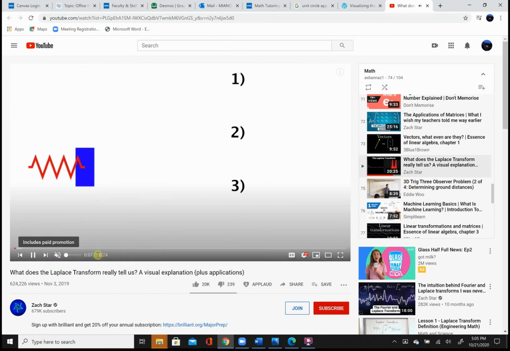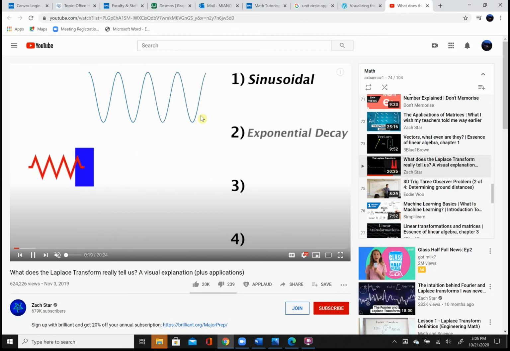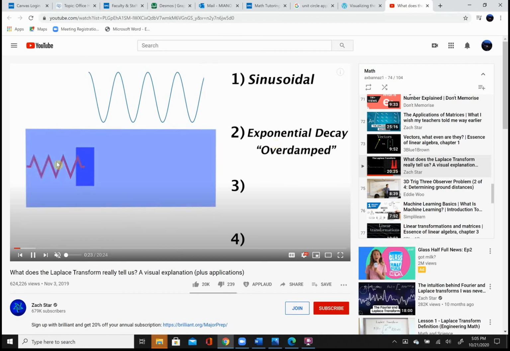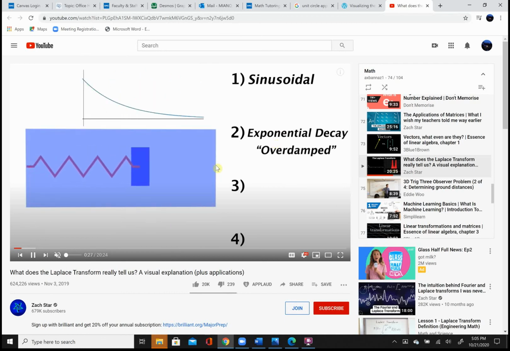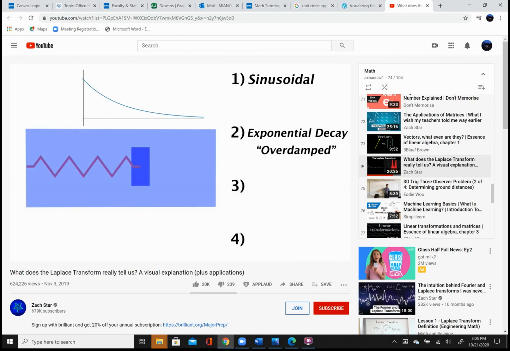I just wanted to show you a visual in which, okay, he's talking about a mass on a spring and some dampening. So it could go back and forth in a very uniform way. It can be overdamped, in which it just kind of goes out and then never comes back in its movement.